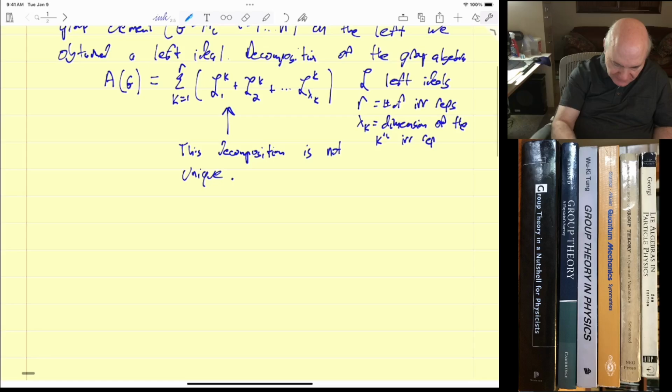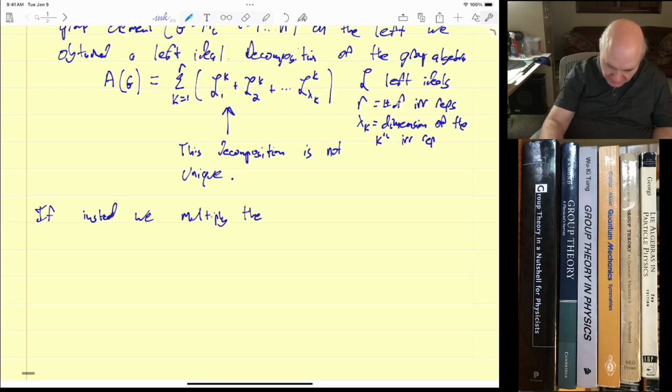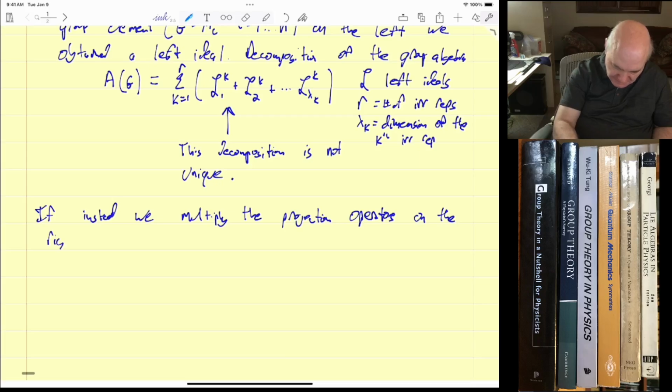Now, if instead we multiply the projection operators on the right, then we get right ideals.